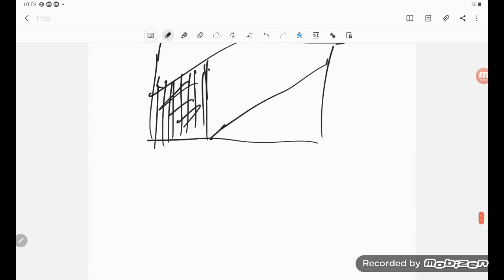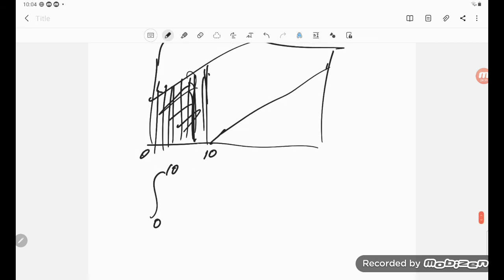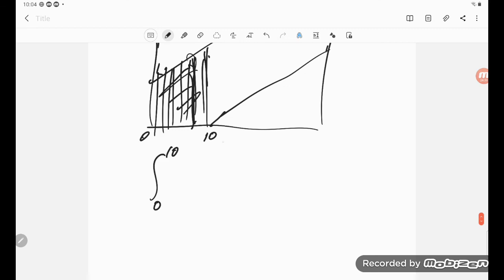Now, what you know from Calculus 1 and 2 is that you would take the integral from 0 to 10, because that goes from 0 to 10, and then for each slice, you would have written the height here, but the height here is just x plus 10.